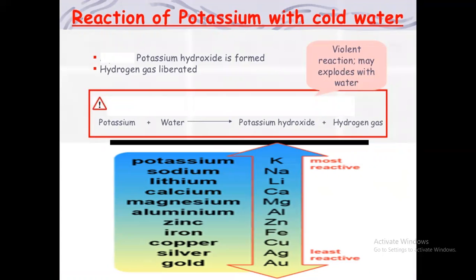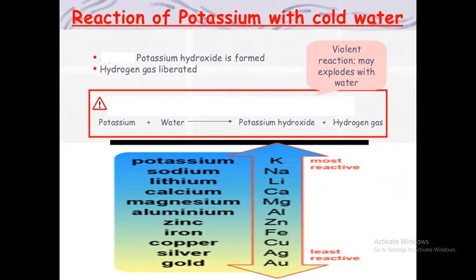When any metal reacts with water, it produces an alkali, that is a hydroxide, and hydrogen gas. Let's see an example of potassium, the reaction of potassium with cold water first. Potassium, as you know, is a highly reactive metal. That's why you see potassium is always placed at the top of the reactivity series, right?